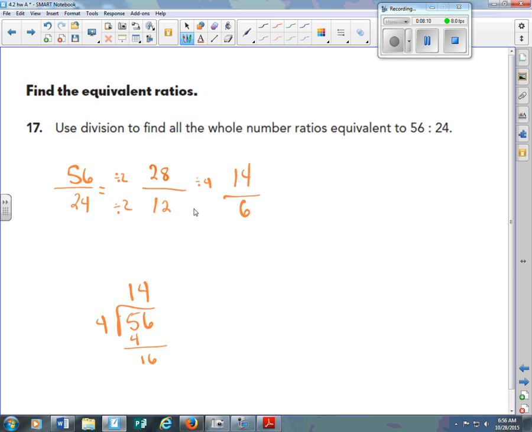So there's another one. I'm just going to write that in here so that I remember it. How about divided by 5? Nope. Divided by 6? Nope. How about divided by 7? 7 goes into 56. That doesn't work down here. Divided by 8. 8 goes into 56 7 times. 8 goes into 24 3 times. So our answers would be 7 to 3, 14 to 6, and 28 to 12.